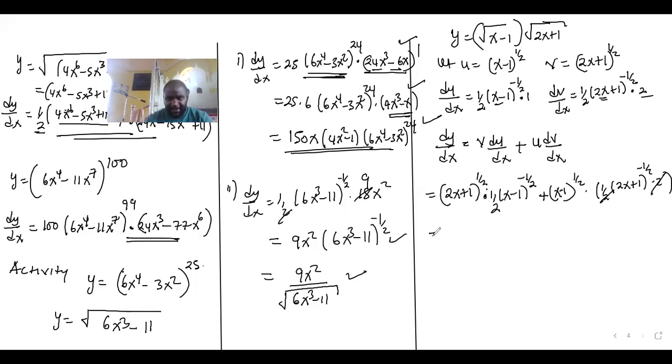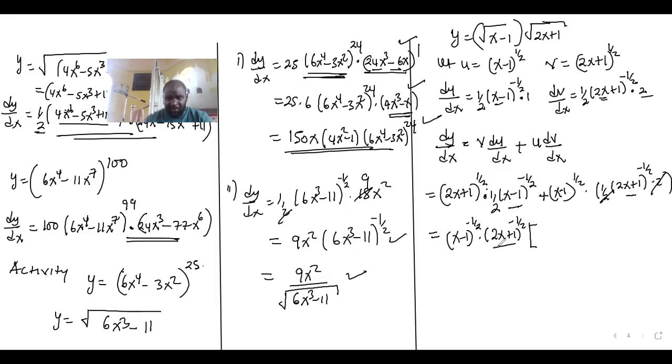So by this, you factorize out the smaller terms. This is a small term, this is a small term. So the smaller terms are x minus 1 power negative a half times 2x plus 1 power negative a half. When you factorize out the smaller term, this one has gone out.